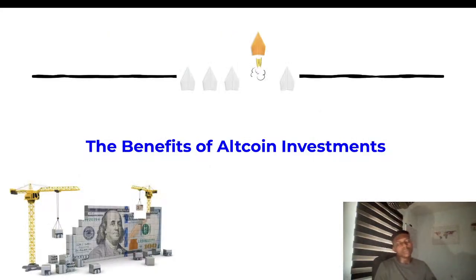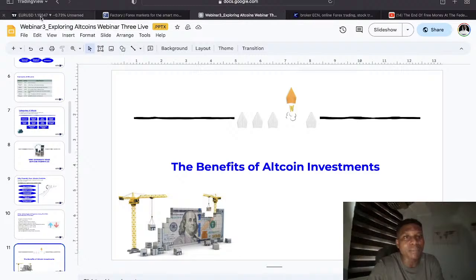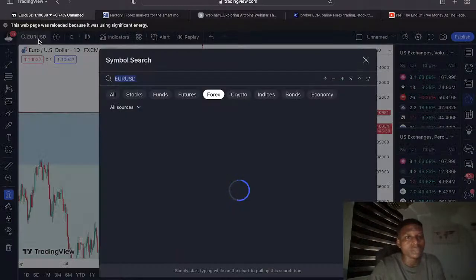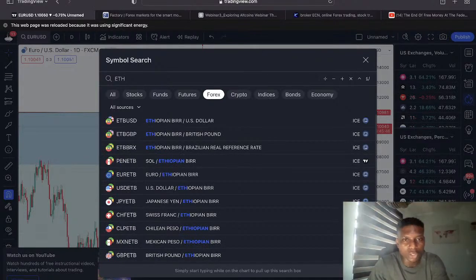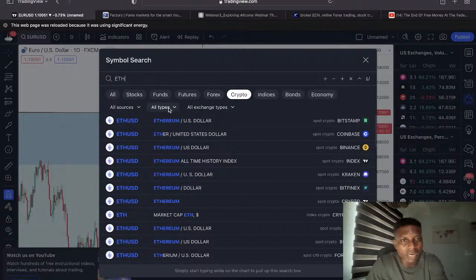Now, benefits of altcoin investment. Before we go into this, let's look at how alternative coins are being traded. So let's look at Ethereum. We said Ethereum is ETH, right?